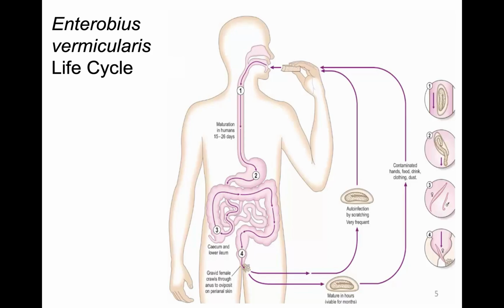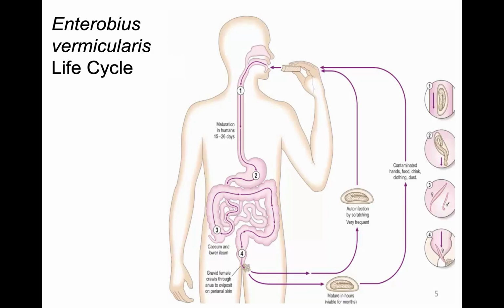When they scratch, the eggs can go under the fingernail, and if they don't wash their hands often enough, the eggs no doubt get inside the mouth to start the journey again.